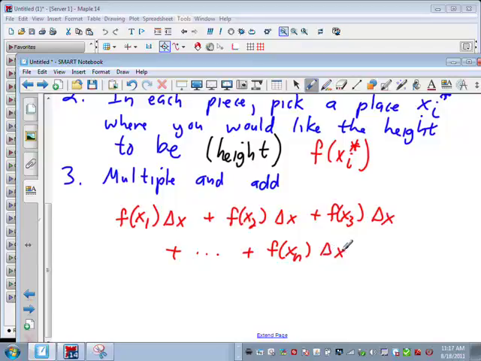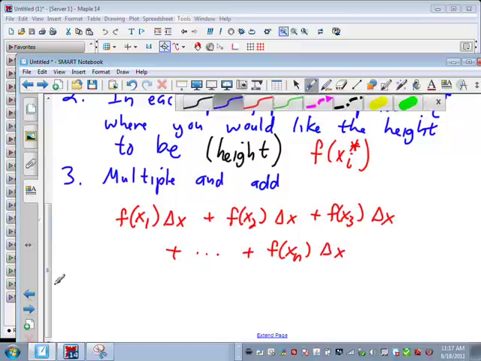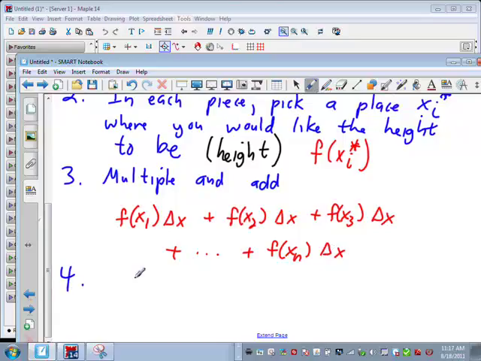That is the approximate sum. And then finally, we want the exact answer. How do I get the exact answer? We take the limit as n tends to infinity of this thing.